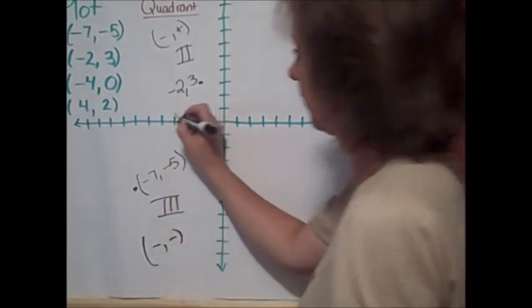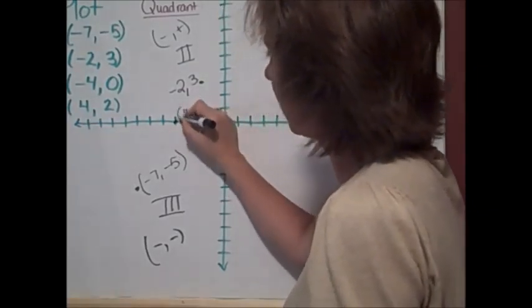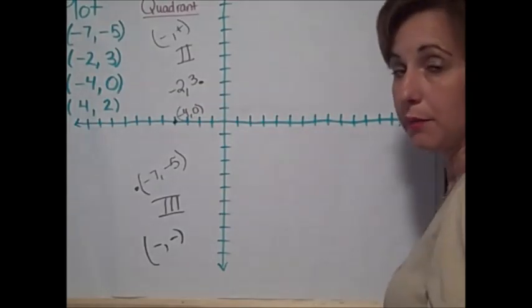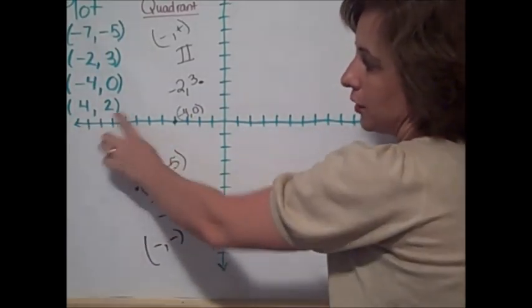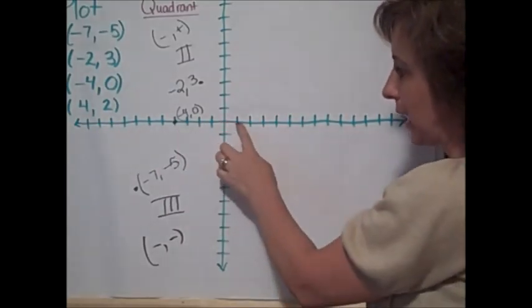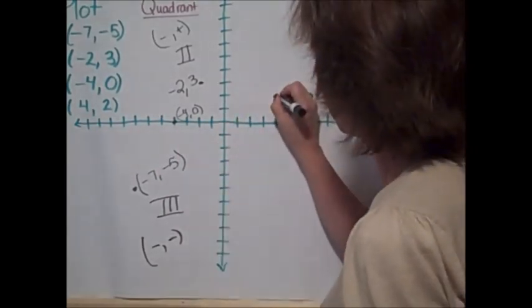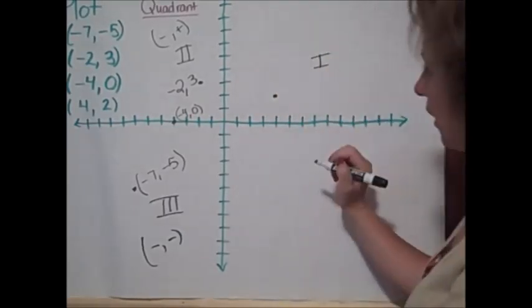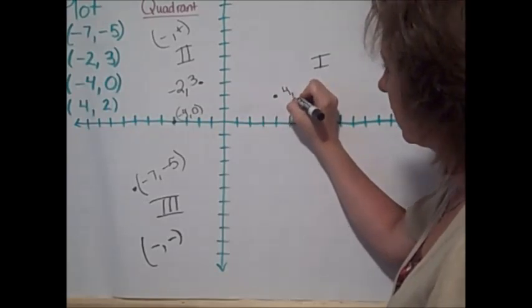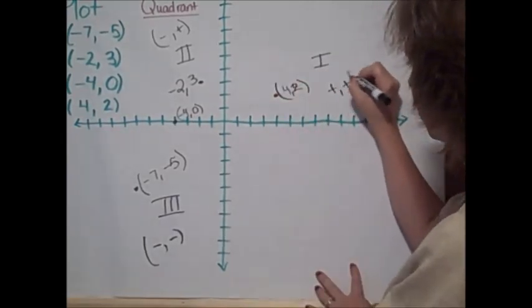And up or down, 0. This is negative 4, 0. And again, it has no quadrant because it is on the x-axis. 4, 2. Positive 4, positive 2. 4, 2 is in quadrant 1, where every point is 2 positive numbers.